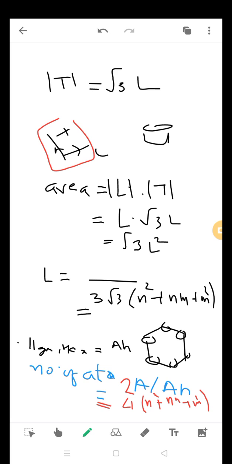Now there are 2 unique atoms inside each parallelogram. Okay.